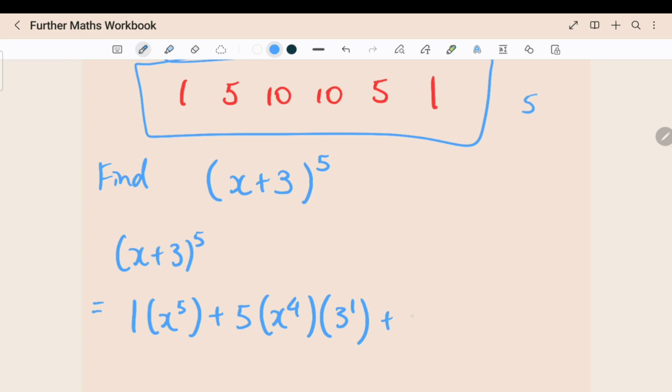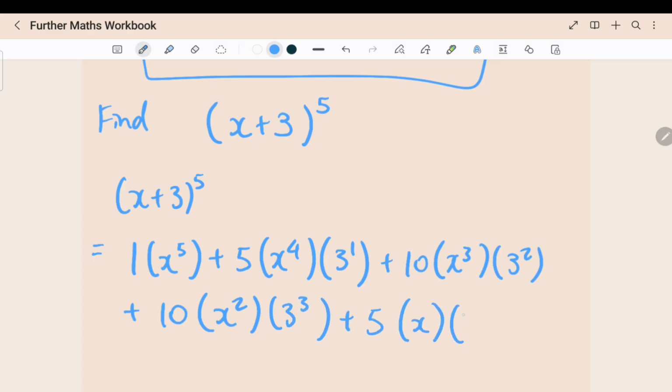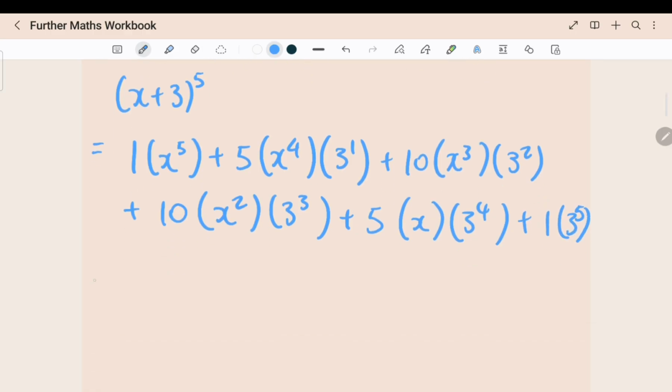We add 10 x cubed, and then 3 squared, and then plus another 10, which is x squared, and then 3 cubed. Then we have 5x, and then 3 to the 4, and finally 1 times 3 to the 5, because we have x to the 0, which is 1.